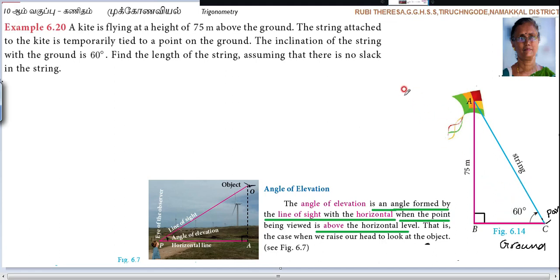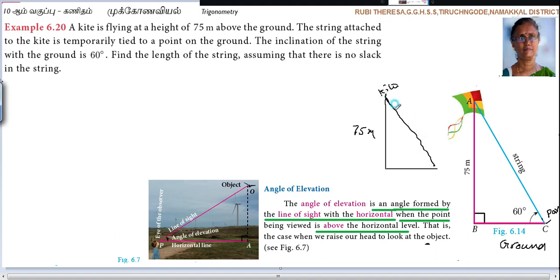In the exam you have to draw it like this. Simply draw it: this is 75 meters above the ground level, here is the kite. You have to join these two points.